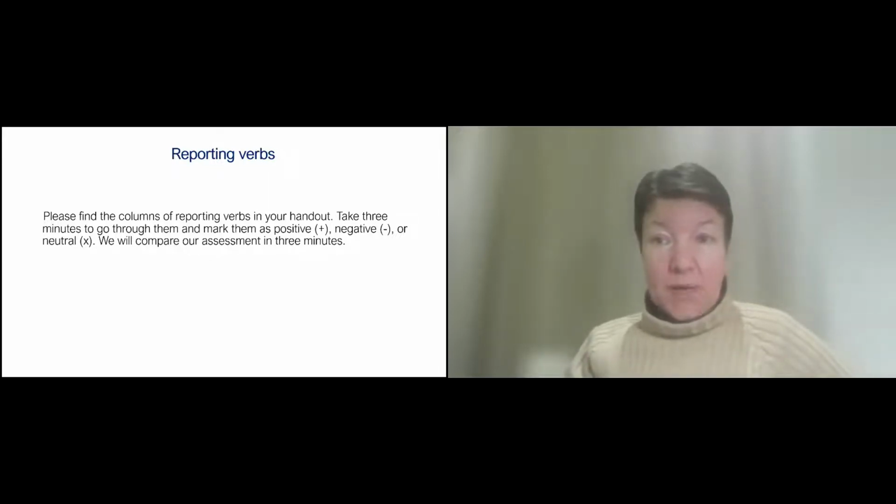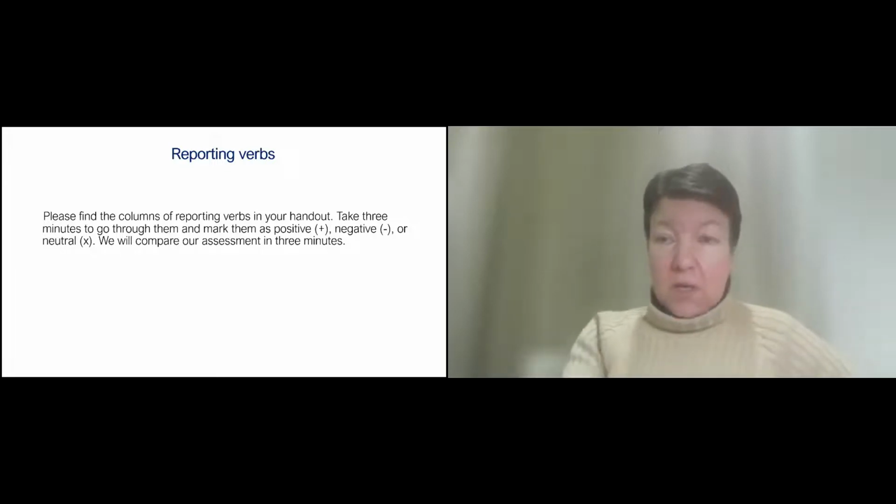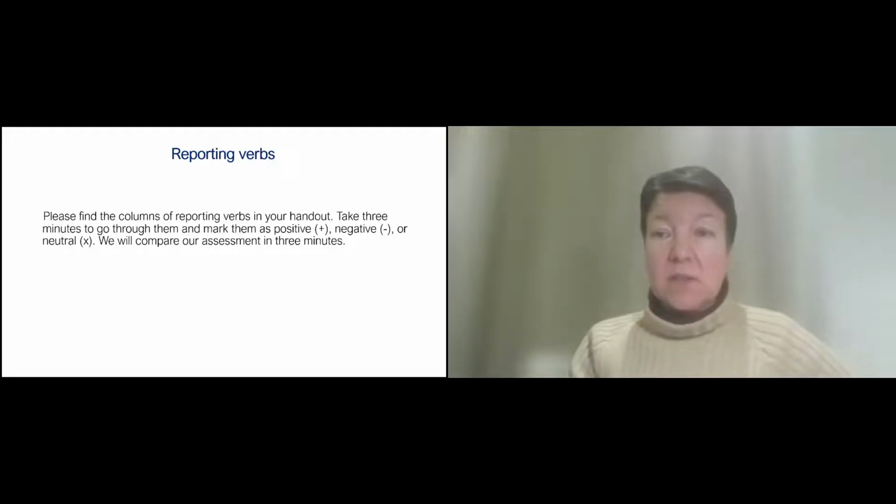But let's practice. In your handout, there should be a section where there are columns of verbs and there are dashes before them. I'd like you to go through this list of verbs. Don't take too long. Let's make it something like 3 minutes or so.